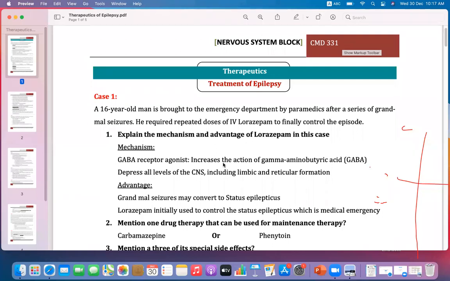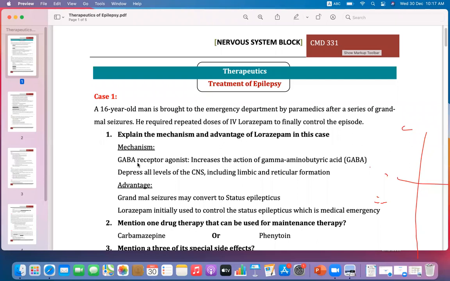So generally these are GABA receptor agonists, and they increase the GABA transmission, and we know that GABA is gamma aminobutyric acid, the major inhibitory neurotransmitter in the CNS.